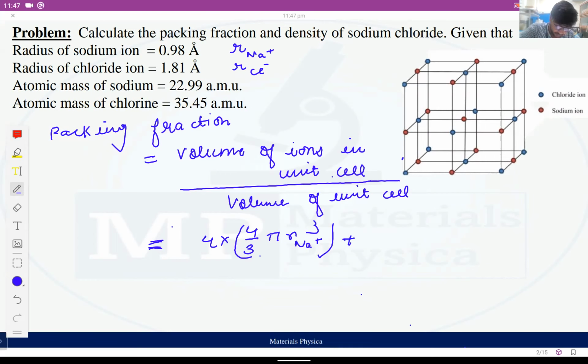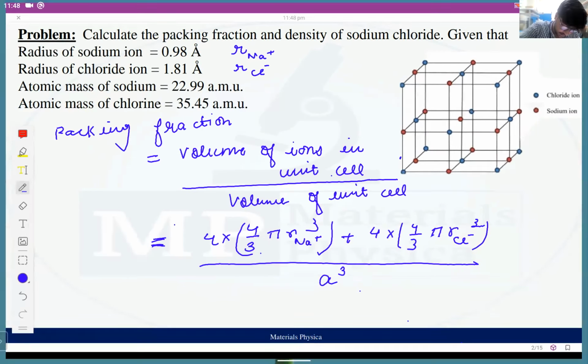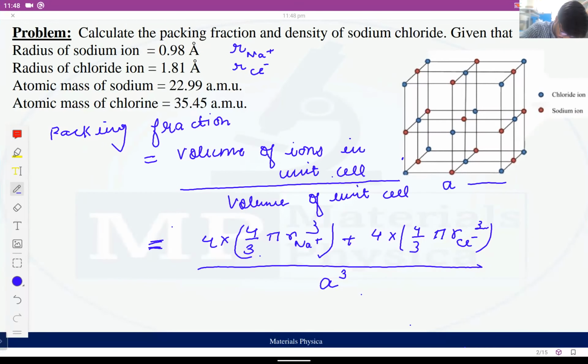In a similar way for the chlorine ion, it should be 4/3 pi r_chlorine cube, over the volume of the unit cell, which should be equal to a cube, where a is this side, and this is also a, and this is also a. So it is like a cube, and the volume of a cube is side cube.